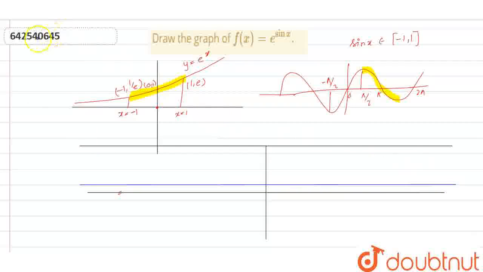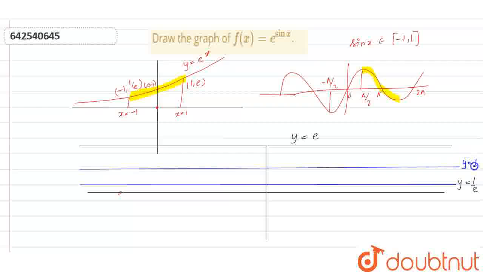Now, if you observe, this line I'll choose as y is equal to e line. This blue one I'll choose as y is equal to 1 by e line. And somewhere in between, I'll choose y is equal to 1 line.